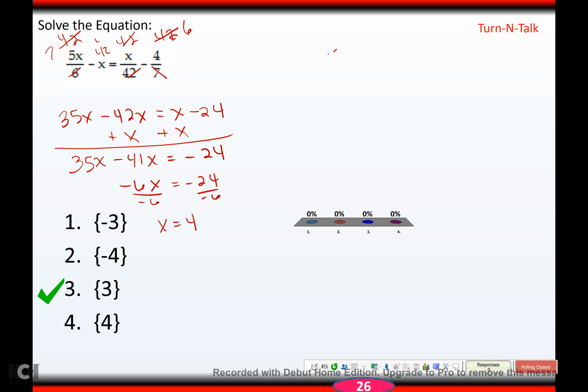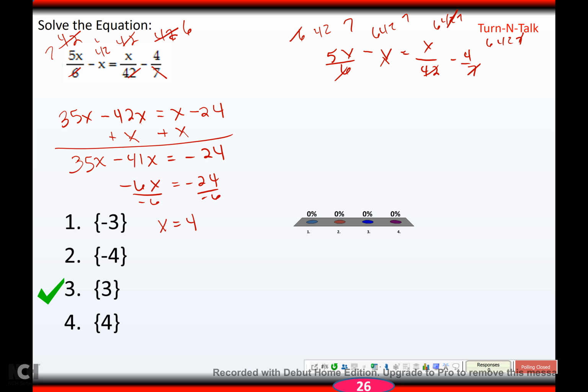Let me look. If we do this the long way, and I don't use the smallest, it should not matter. 6, 42, 7. Sixes are gone, nothing's gone, 42's gone, 7's gone.